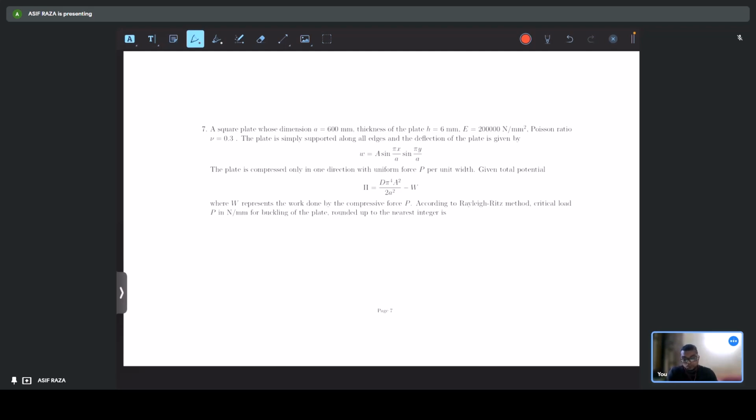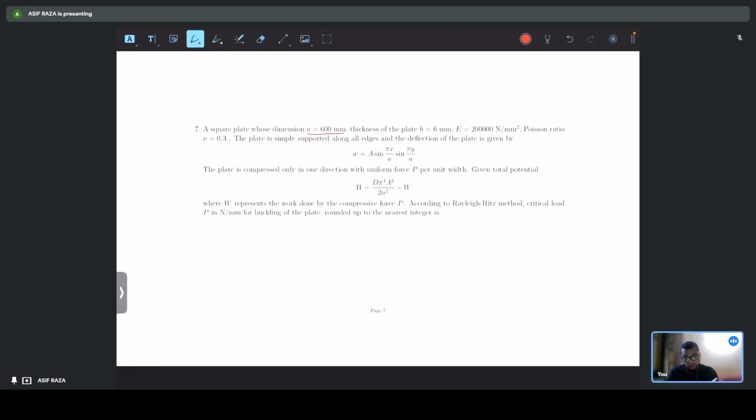Okay, so there is a square plate whose dimension is 600 mm. Thickness of the plate is 6 mm. Young's modulus is 2 into 10 power 5 Newton per mm square. Poisson's ratio is 0.3. The plate is simply supported along all edges, and the deflection of the plate is given by this expression.